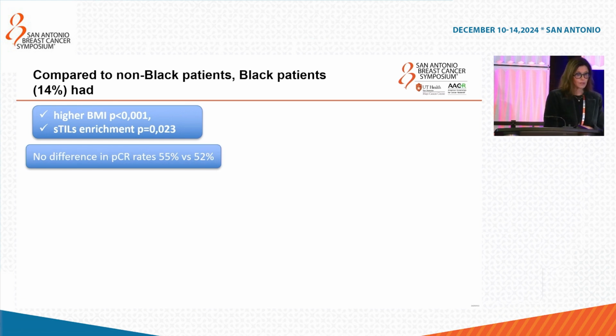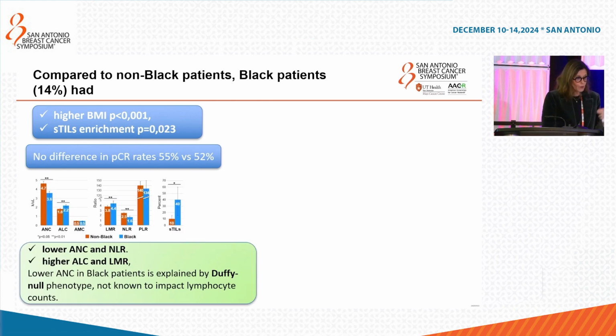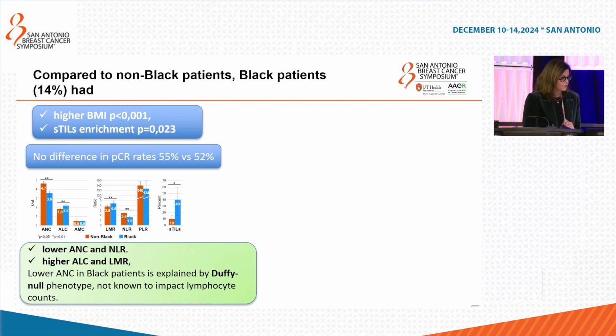There was no difference in terms of PCR rate with the rest of the population. But there were differences in the white blood count. They had lower absolute neutrophil count and neutrophil-lymphocyte ratio. They had higher absolute lymphocyte count and lymphocyte-monocyte ratio.